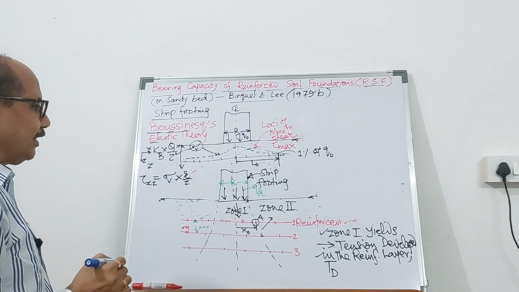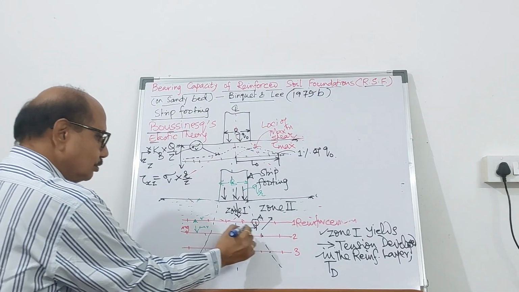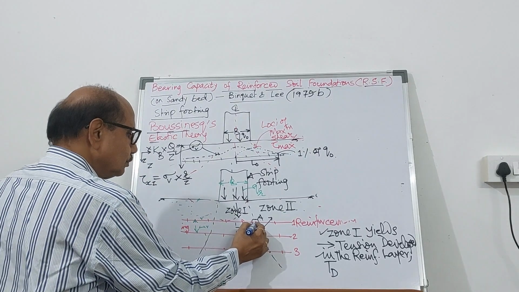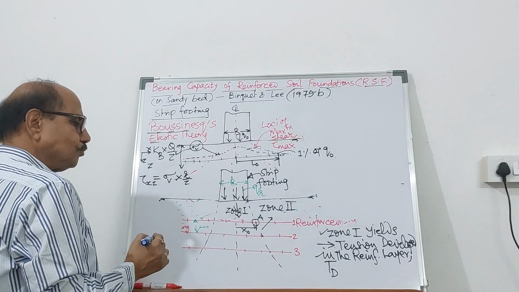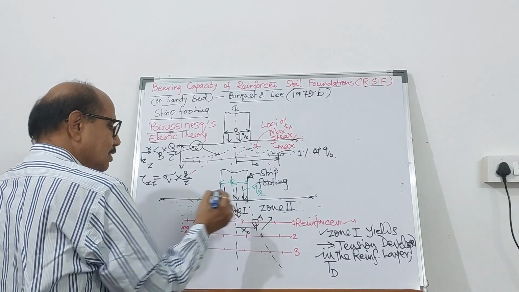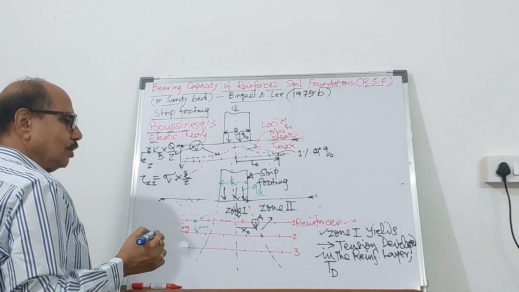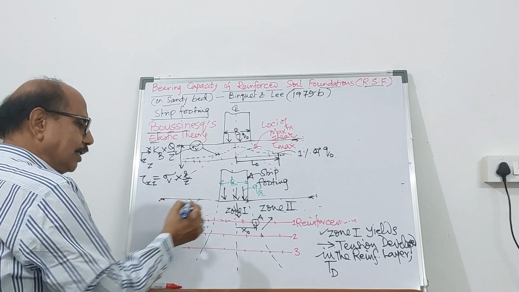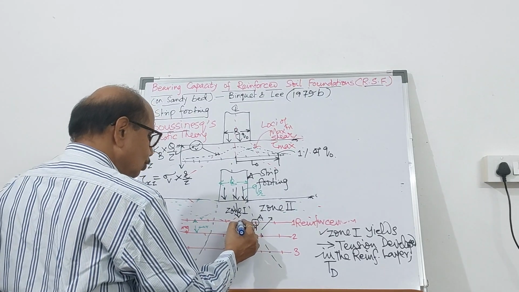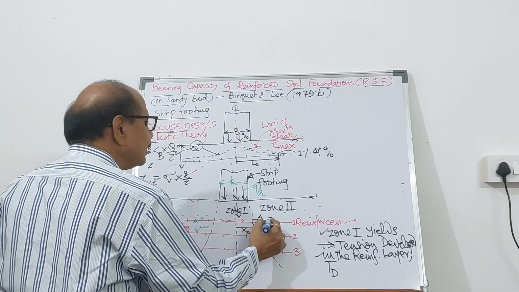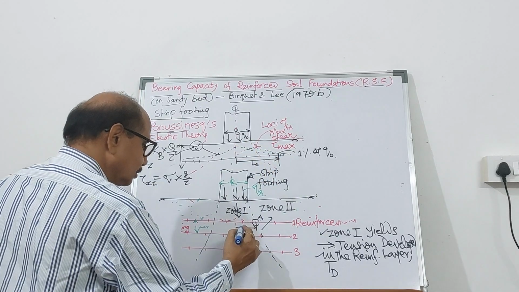So there are two quantities now: x naught, up to this line of maximum shear, and another, L naught.